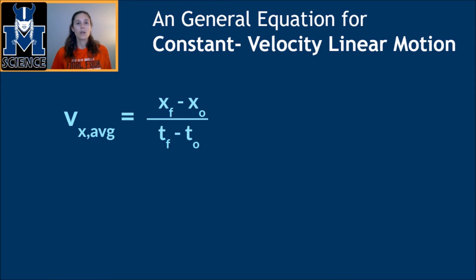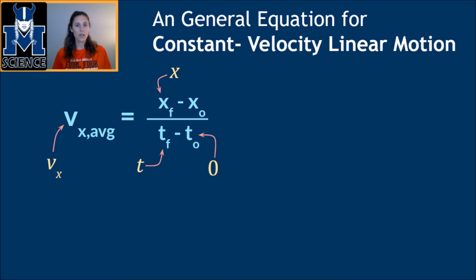Okay, so let's take our equation for average velocity and come up with a general equation for constant velocity linear motion. Specifically for constant velocity. So let's simplify things here. Let's turn this cumbersome Vx average variable that we've been using into just Vx. Let's say that we're always going to have our x final as x and t final as t.